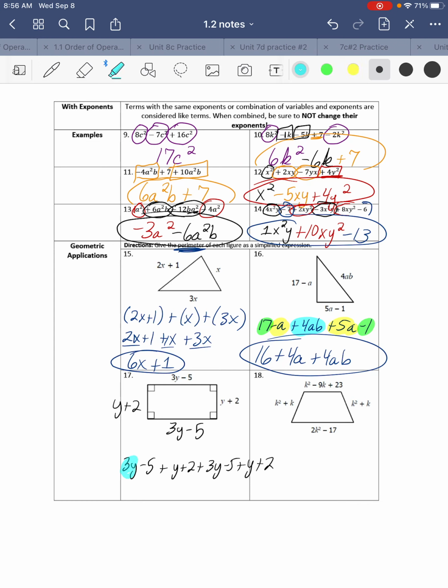Get our like terms together. 3y plus 1y is 4y plus another 3y is 7y plus another y is 8y. Constant terms, negative 5 plus 2 is negative 3, minus 5 is negative 8, plus 2 is negative 6, or subtract 6.